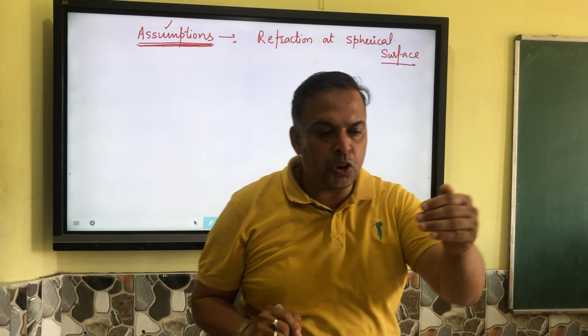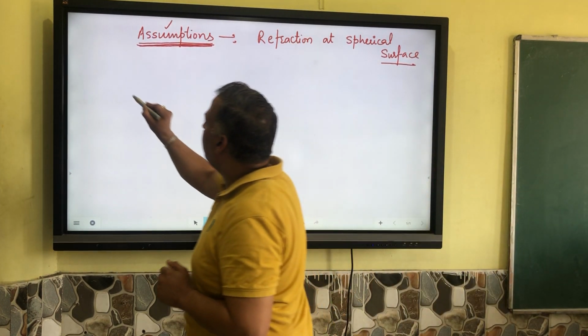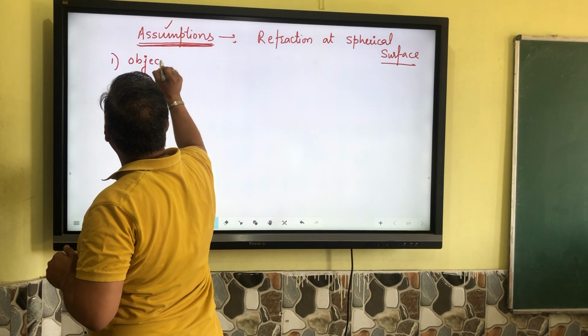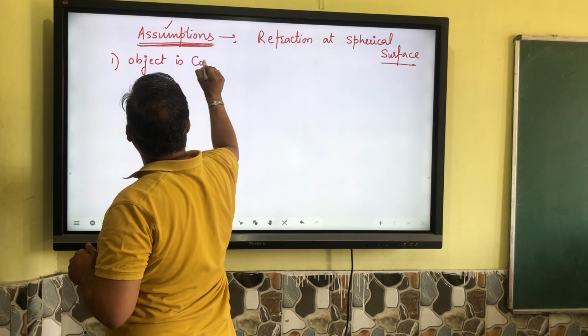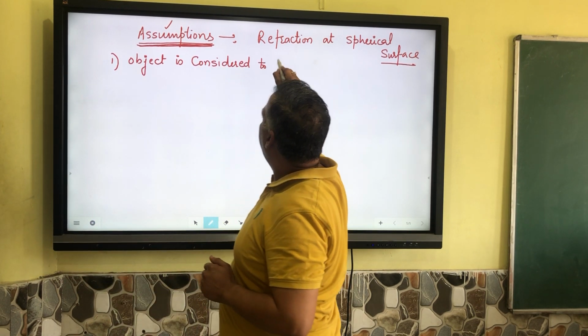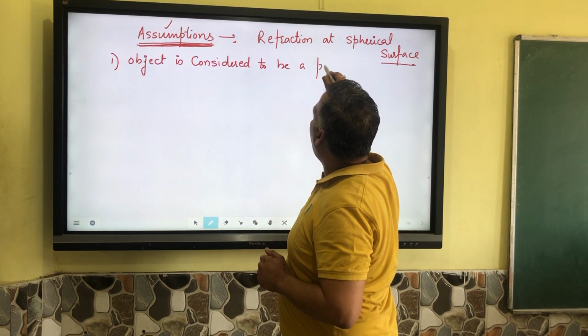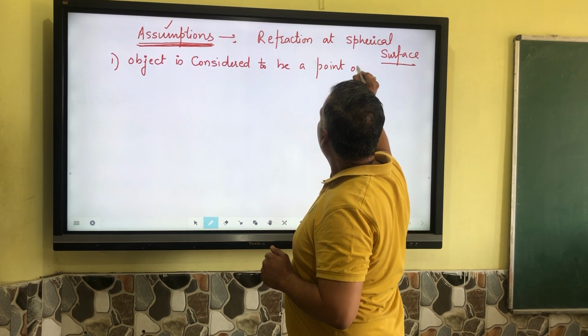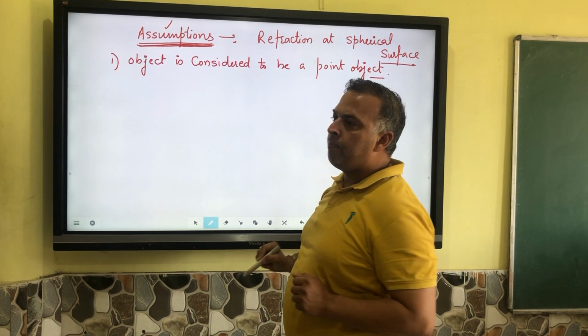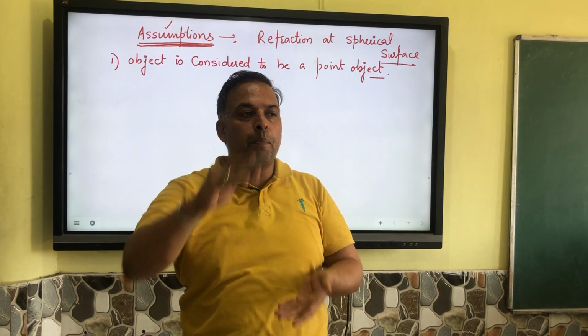What are these assumptions? First, the object is considered to be a point object. The object is not considered to be a bigger one.